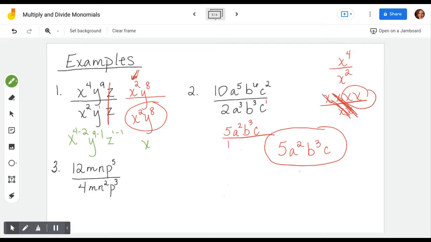I'm left with x to the 2nd, y to the 8th, z to the 0. Anything to the 0 is really just a 1, so that would disappear. And I would just be left with that answer, exactly like we just did.